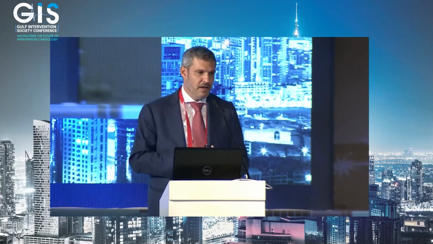But after that, we don't have a clear evidence that the best way to treat a complex bifurcation is with the two-stent or with the single-stent strategy. So we have several different options, but I think that if I have to treat with the two-stent strategy, I prefer to use the DK crush. This is my favorite two-stent strategy in all the bifurcation, not only in left main. But while possible, I prefer to follow the European Bifurcation Club philosophy that suggests to use provisional strategy. And maybe we can use also some drug-eluting balloon, and in the next future, we will have more evidence about their use in this subset.